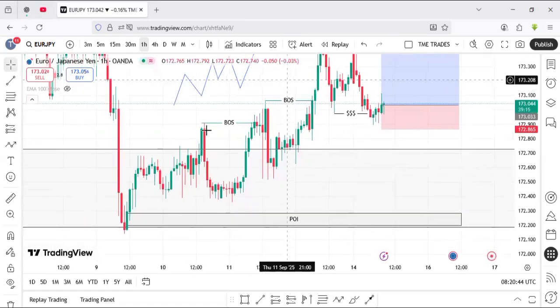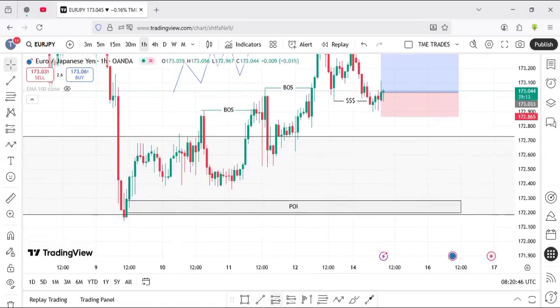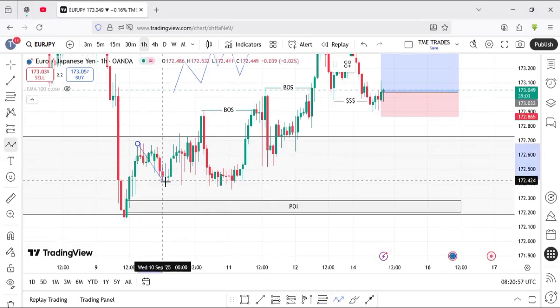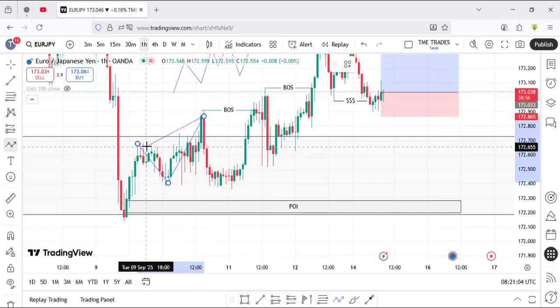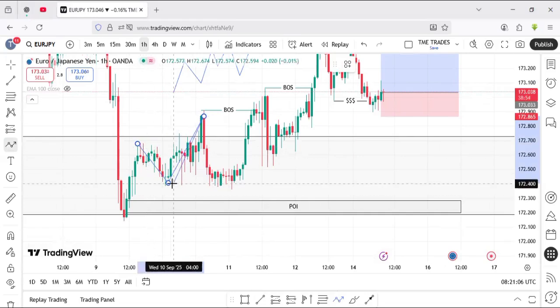Now, let's look at what happened here. As you can see, on the lower time frame, which we are not going to visit, the market created this higher high here, right? Now created this higher low, created a higher high, going above this. Now remember, this low did not take out any low.